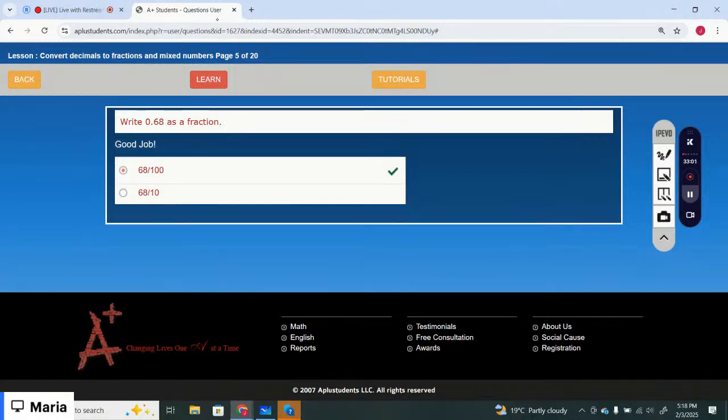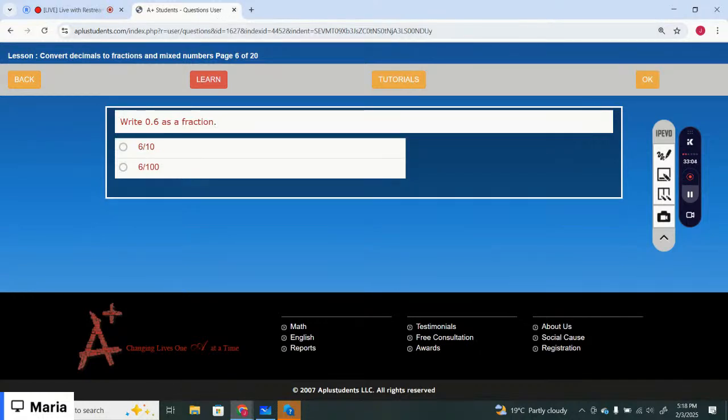Option number 1 is the correct option. Write 0.6 as a fraction. So which is the correct option? That is 6 over 10. Option number 1 is the correct option. Write 0.008 as a fraction. So which is the correct option?